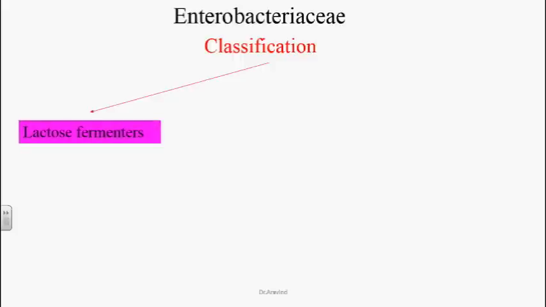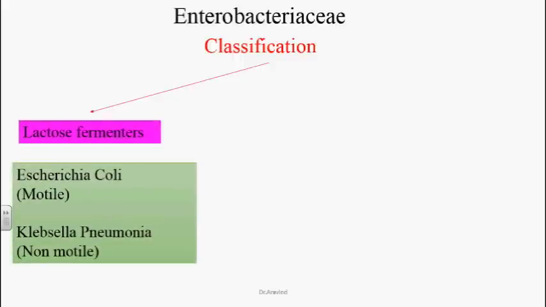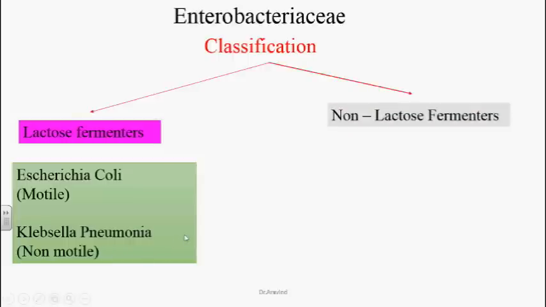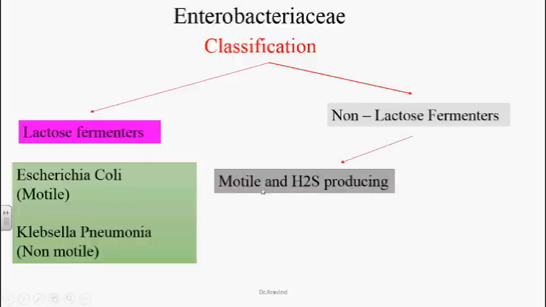Among lactose fermenters, we have two important organisms: Escherichia coli, which is a motile organism, and Klebsiella, especially Klebsiella pneumoniae, a major pathogenic organism, which is non-motile.